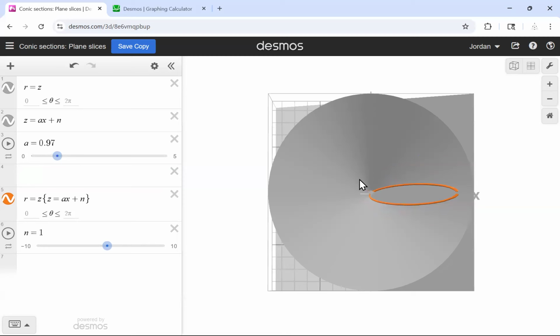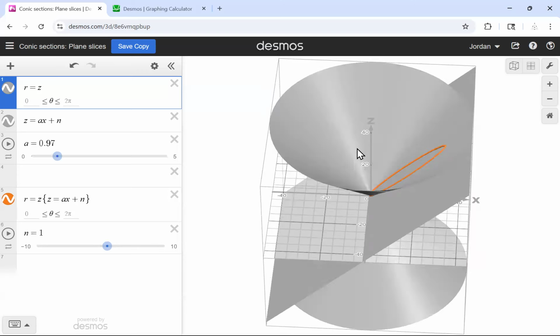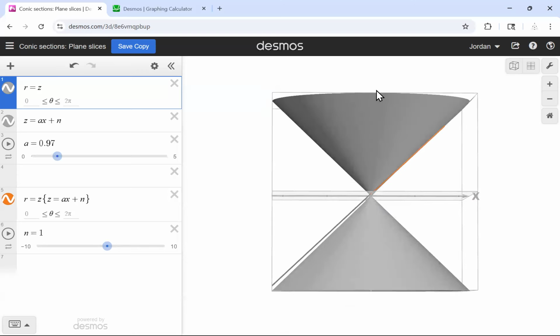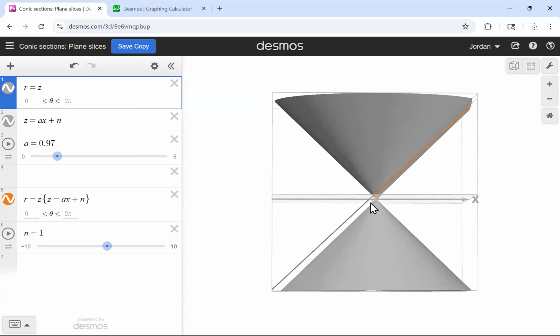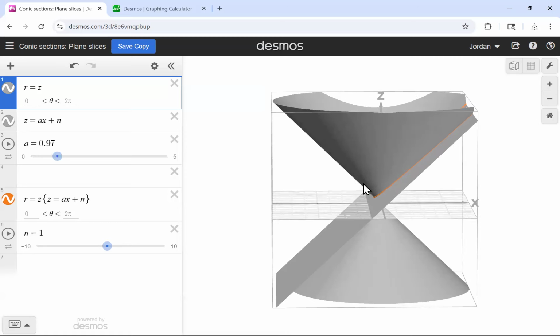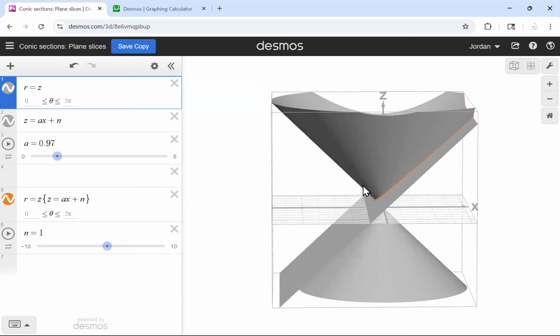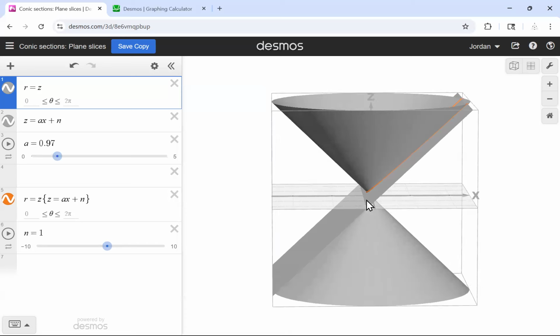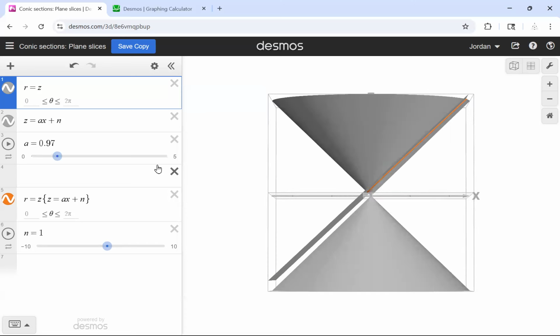The closer to 1, the more stretched out that ellipse is. Now this is really close to 1. What if we actually hit 1?